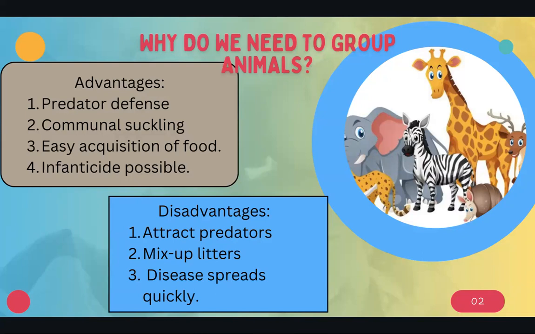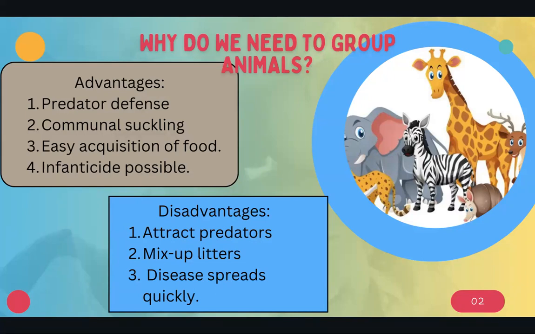Now, a disadvantage of groups of animals is that they attract predators. Ooh, when the predators see them, they would probably think, wow, we have lots of food. They will also have mixed up litters because there are a lot of them in the group.